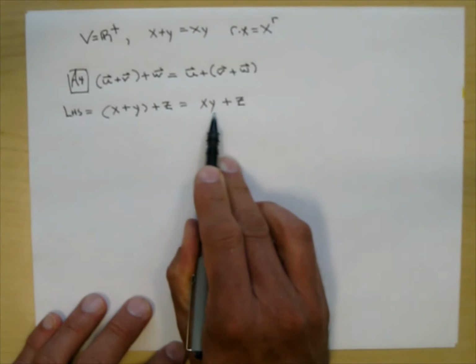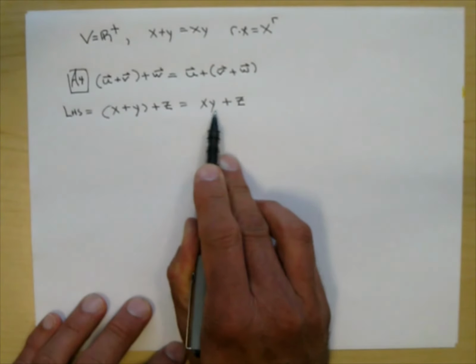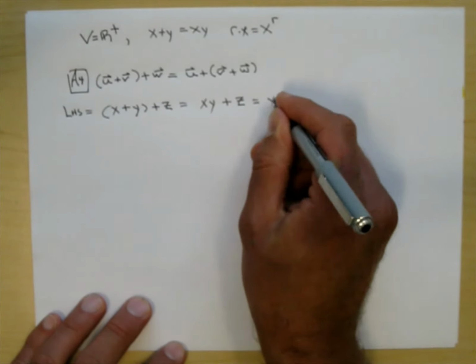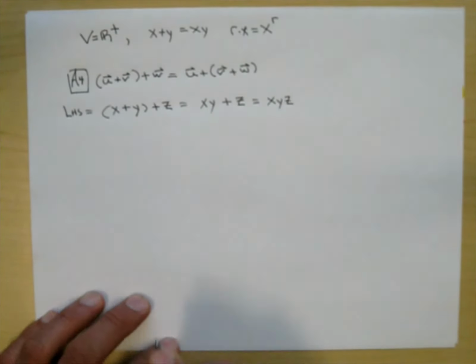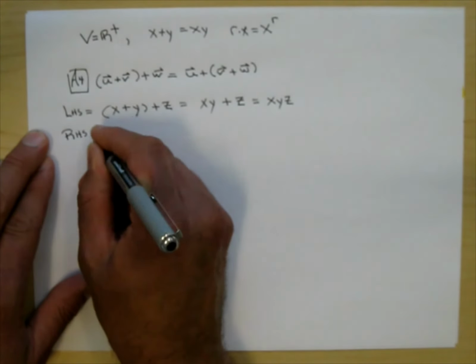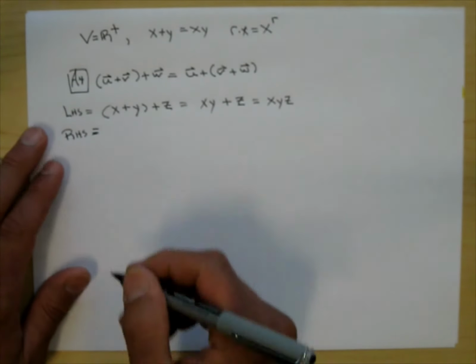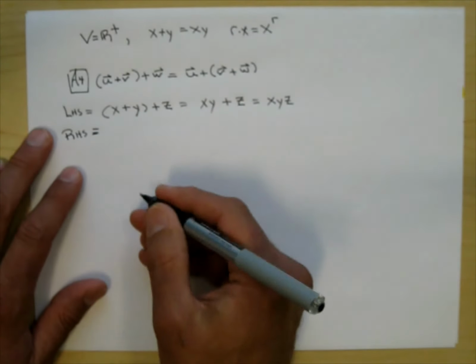And then we're going to go ahead and do funky addition again, and this is going to give us xy times z, which is xyz. The right-hand side, this is going to get really weird by the time we hit axiom 5 and 6. Okay, so just know this is a little boring right here.